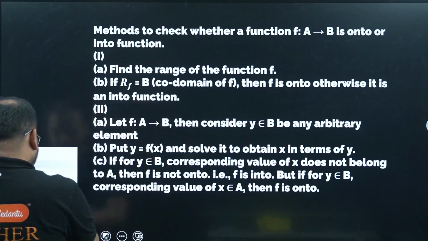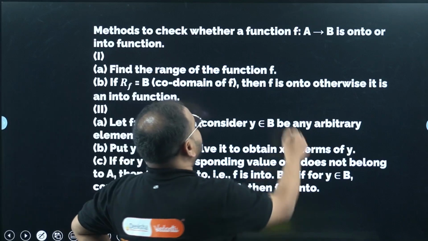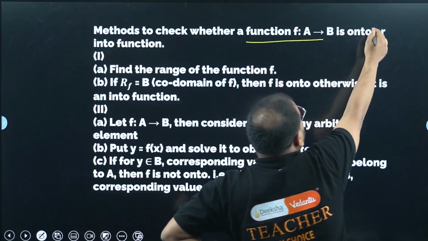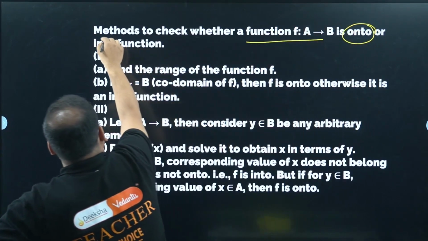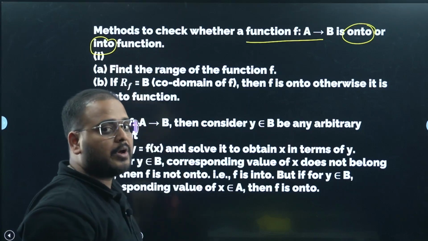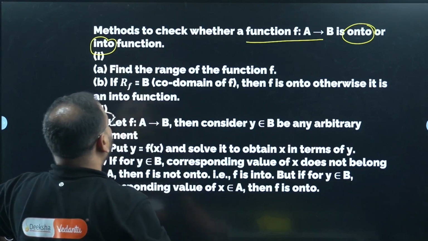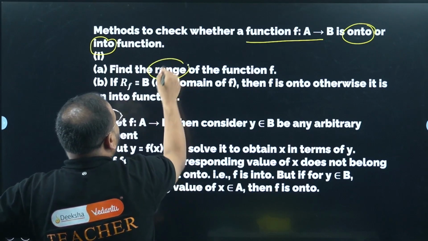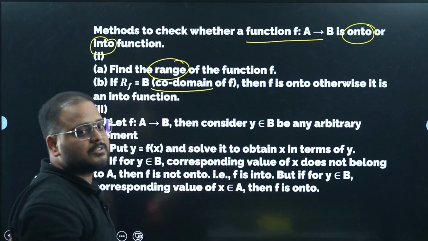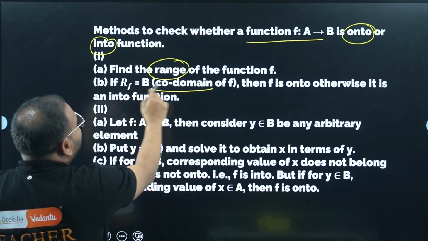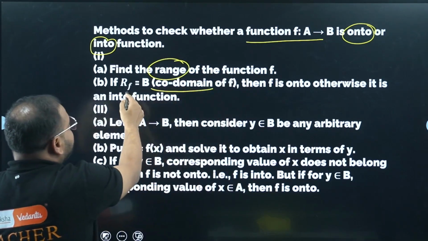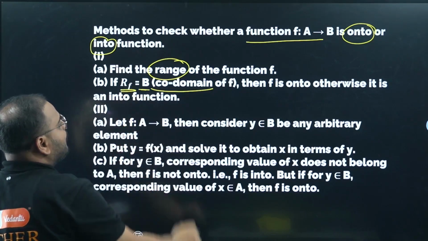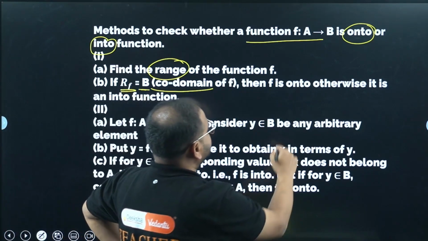When can we say the given function from A to B is onto or into? What we learned in onto: if the range and codomain are equal, then it is onto. We have two methods here again. Find the range of the function f. If the range of the function and codomain are equal, the function is onto.